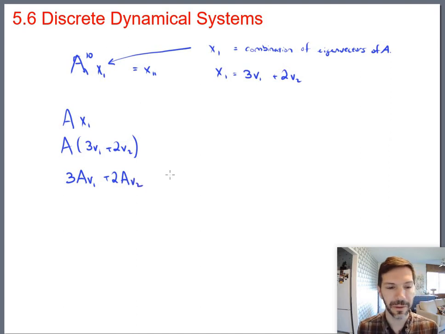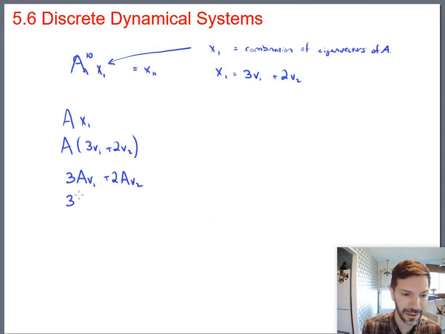And we also know that multiplying an eigenvector by the matrix A is the same thing as multiplying by the eigenvalue. So this is the same as 3 eigenvalue for v1 plus 2 eigenvalue for v2. At the moment, that's just A times x1, so this has been equal to x2 all along.